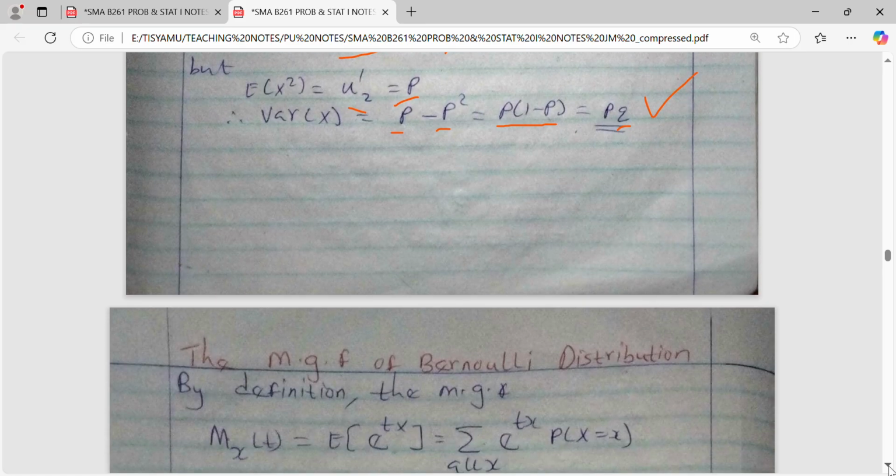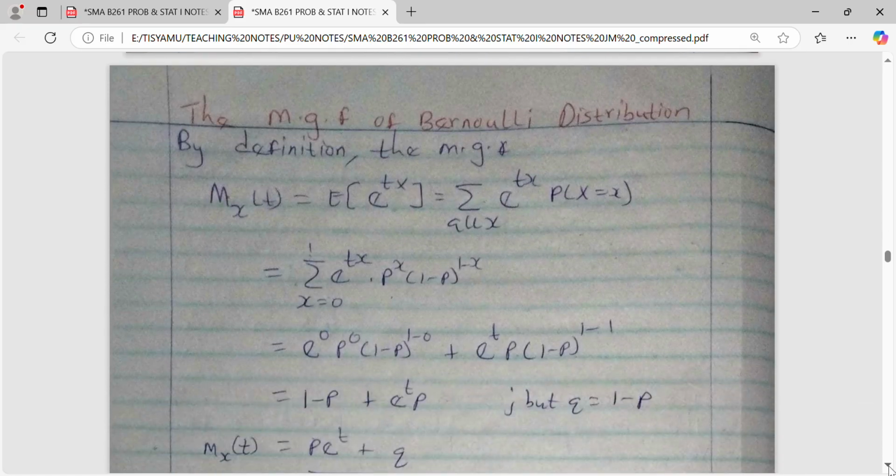So next, let's see how we can find the MGF, because in our previous lesson we saw how to find the MGF, and we know that MGF is given by expectation of exponential of tx, and since we are dealing with a discrete random variable, then it will be the sum of exponential of tx times the corresponding probability.